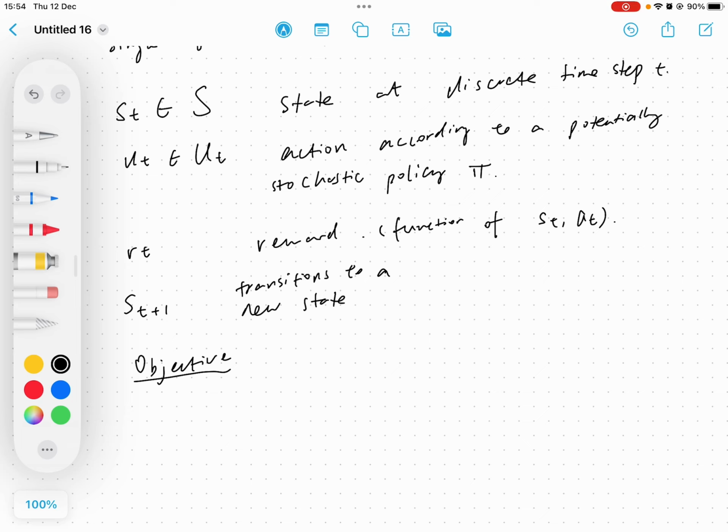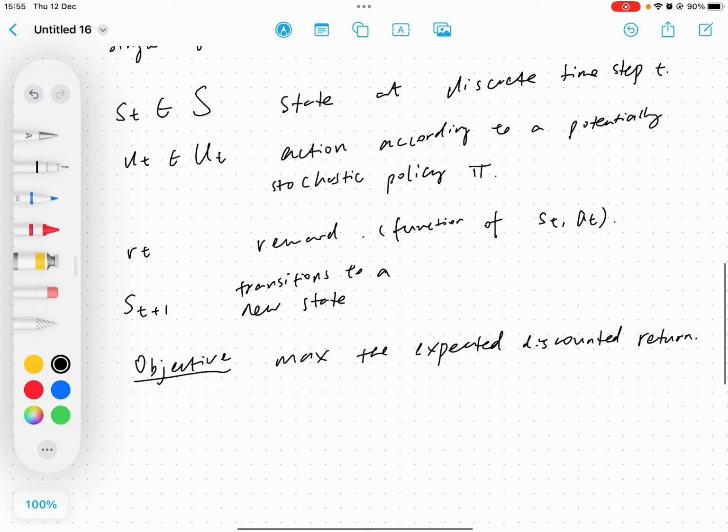Okay, maximize the expected discounted return, because we need a discount factor for the future rewards. Good.